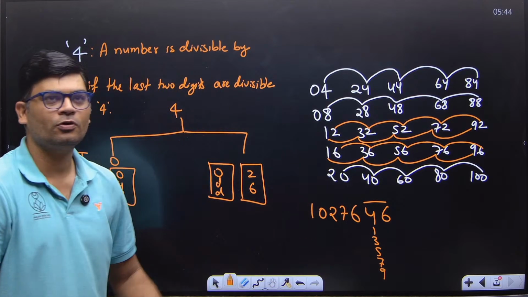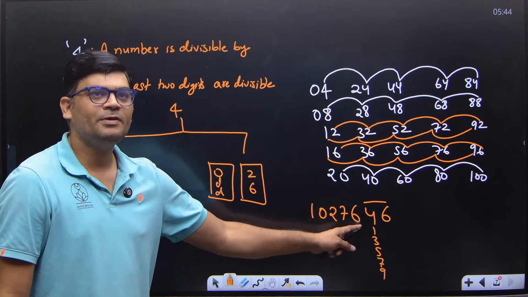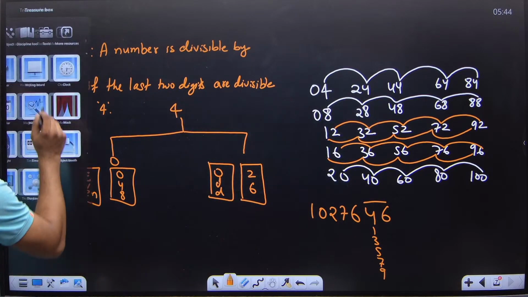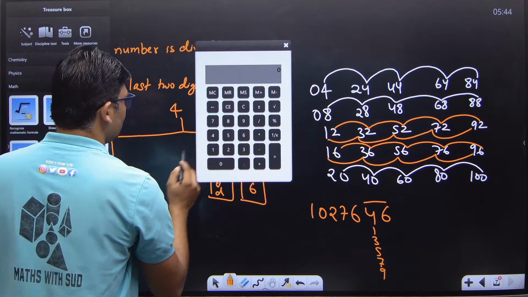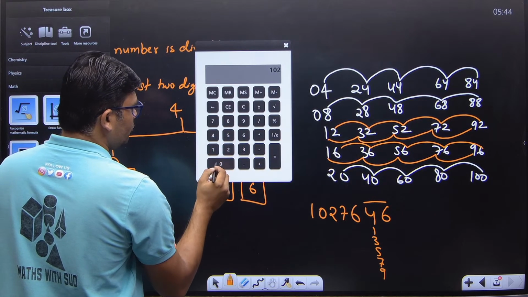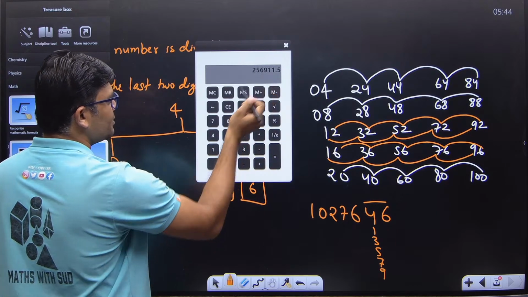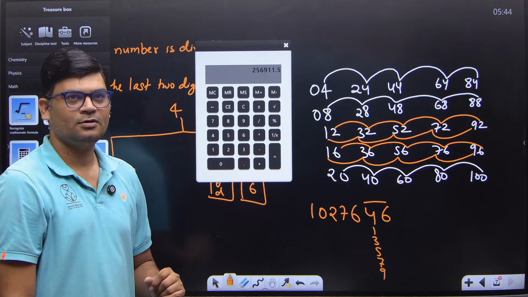It can't be 4. And if it is 4, then it is not divisible. You can check as well. Are you getting this? Sure. So let me write 1027646 divided by 4. I will get the answer in decimal, and decimal means it is not a factor.